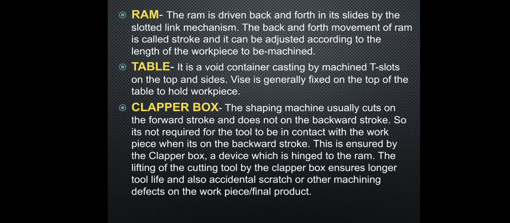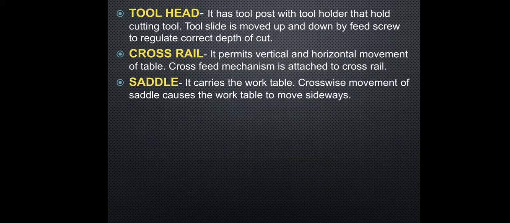On the clapper box: the shaping machine usually cuts on the forward stroke and not on the backward stroke, so it is not required for the tool to be in contact with the workpiece during the backward stroke. That is why the clapper box is provided. During the backward stroke, the tool does not remove material from the workpiece.